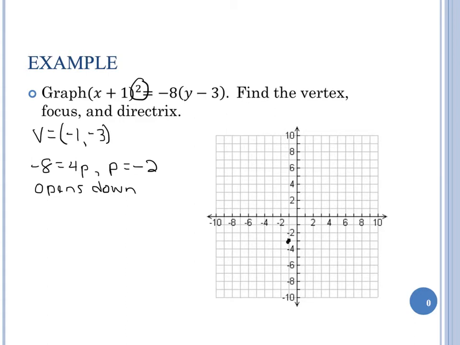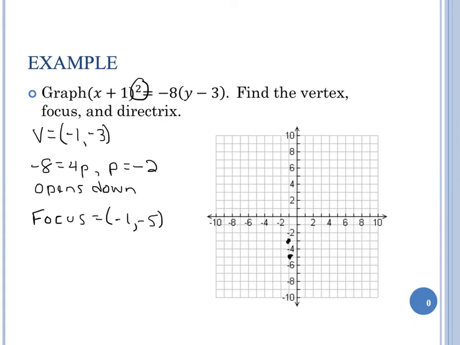That tells me my focus is 2 down. So where is that spot? Okay, so focus is at -1, -5.